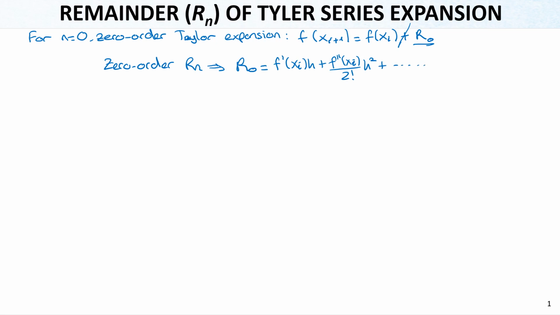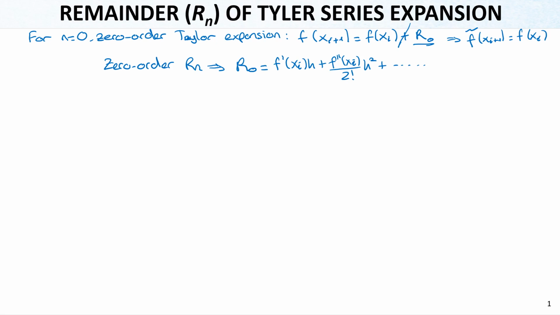So what we want to do is, like we did with the function value, when we truncate from here, we find the prediction, which is shown by tilde, xi plus 1, as the f of xi.